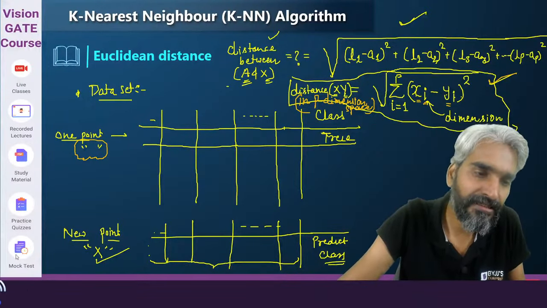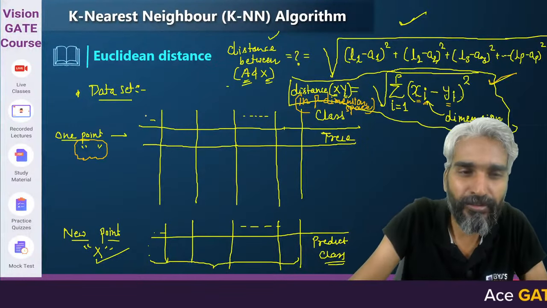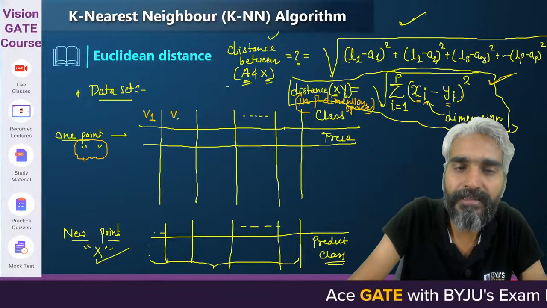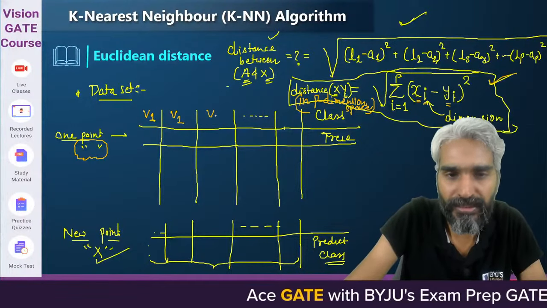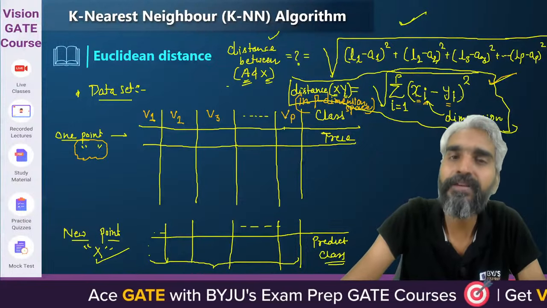I just pass this information in a new name. Let's assume that this is the independent variable v1, this is the independent variable v2, this is v3, and similarly this is the independent variable vp.